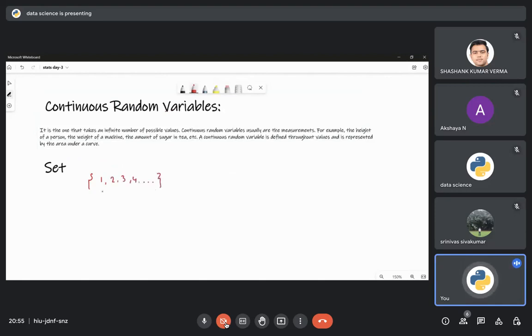It will never be like 1, 2, 1, 4. This is not a set, but this is a set. A set is a collection of unique data. Did you understand what I am trying to say? Yes, sir. Cool. So let me write a definition of a set as well.